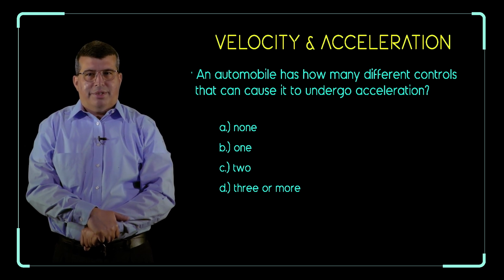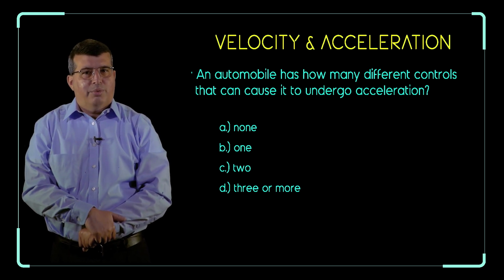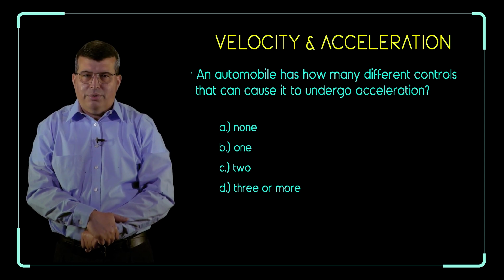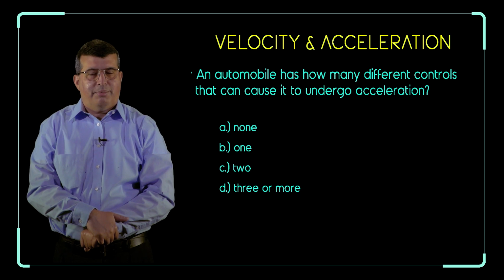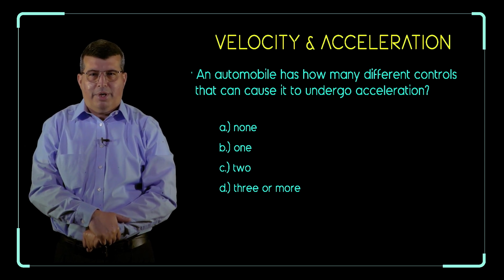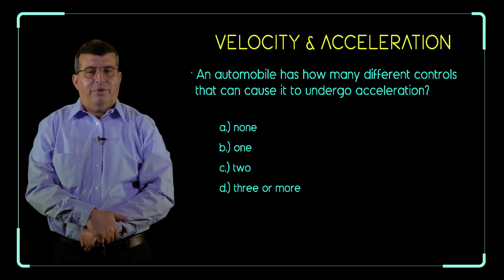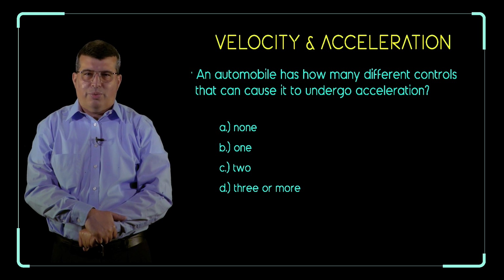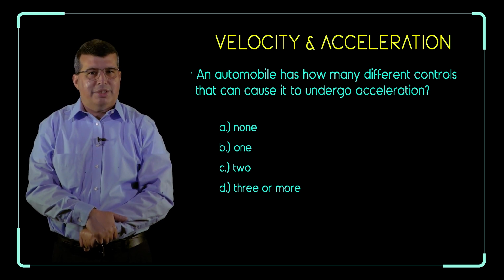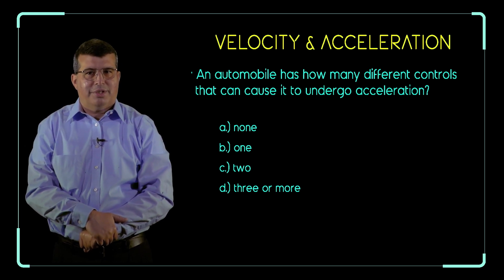That's an acceleration. Your brake will cause your speed to decrease. So that's two controls that will cause your speed to change, either the accelerator pedal or the brake pedal. However, your steering wheel will also cause your car to accelerate by changing its direction. So a change in direction is a change in velocity, which is acceleration.